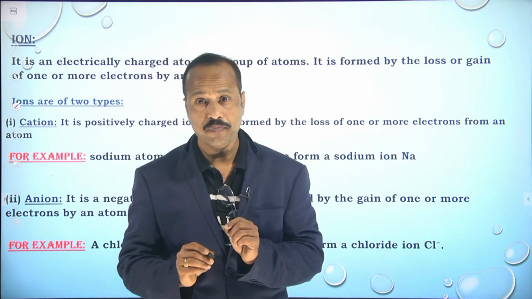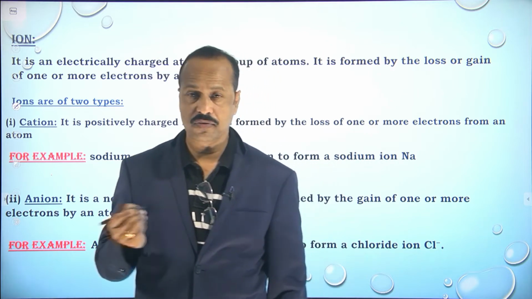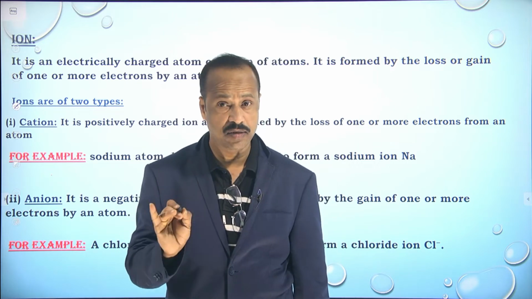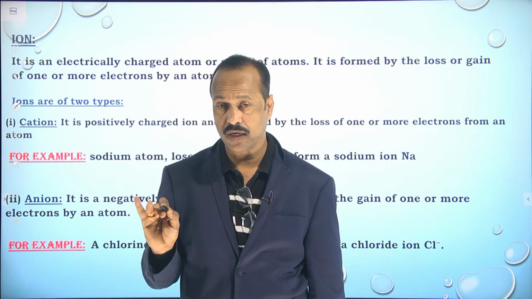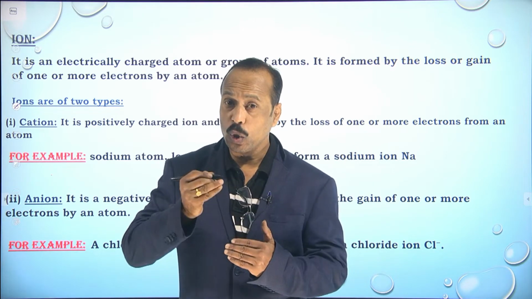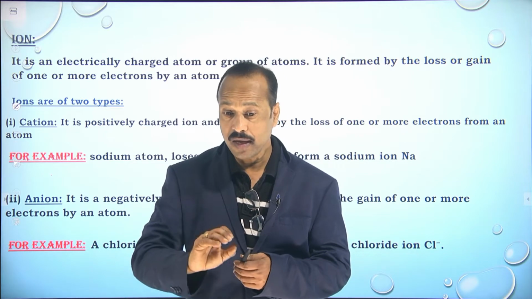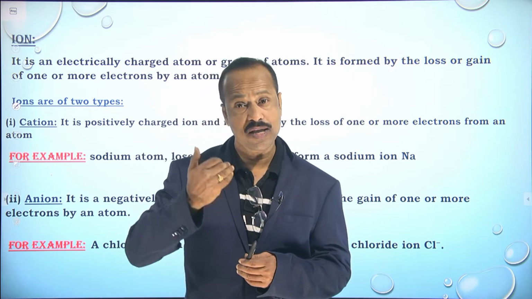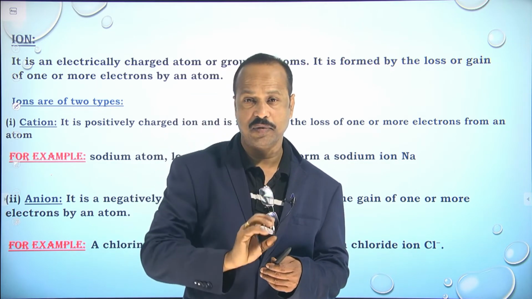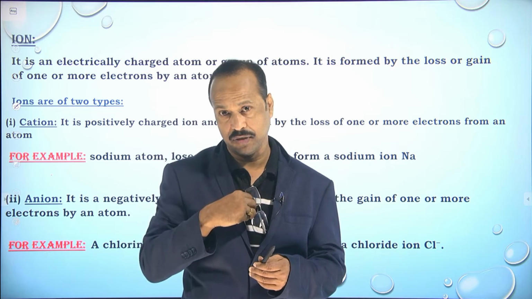But most of the atoms in nature, like you see in the periodic table, are unstable. So due to that, they may lose or gain electrons to attain stability. They can give electrons to some other atoms, or sometimes take electrons from other atoms.